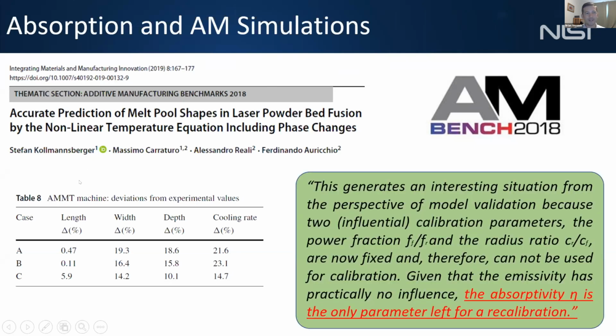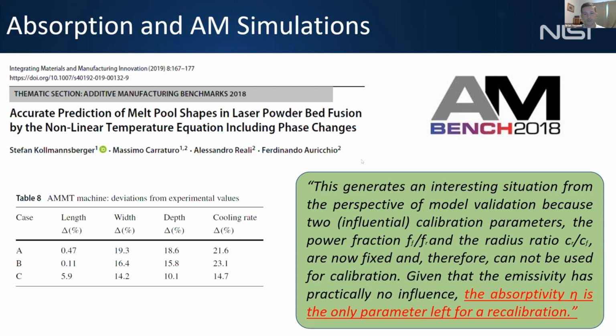But the point that they made in this paper, and here they're comparing these different cases, these are different single line scans on bare plate, and reporting the differences between their predictions and what was actually measured. They make this point in the paper that an interesting situation arose where, because of the data they were given, they had to constrain these calibration parameters, their power fraction and radius ratio, which are related to the beam dimensions that they were given.